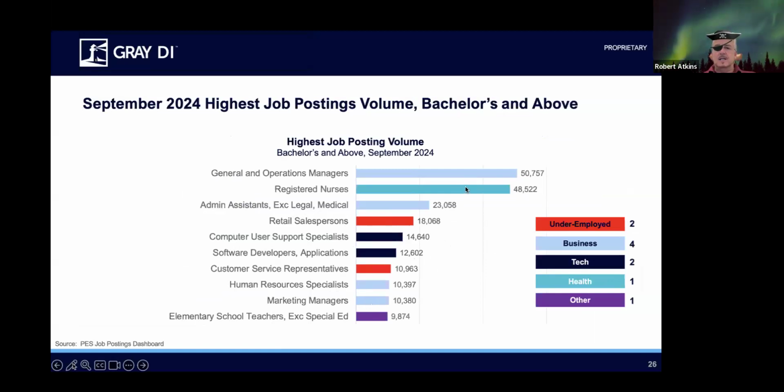I find that a bit surprising. I normally think of health having a bunch of entries in this high job posting volume, but right now it's business that's really leading the way. We have a couple of tech jobs, computer user support specialists and software developers. And we have one other here in purple, our Halloween color, elementary school teachers excluding special ed.